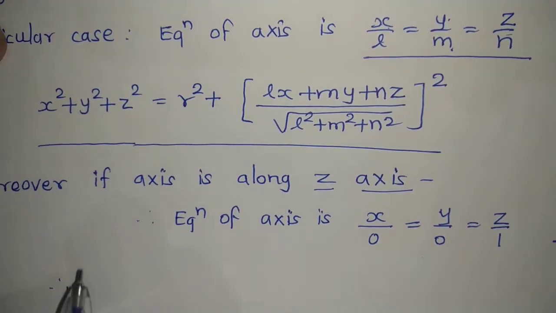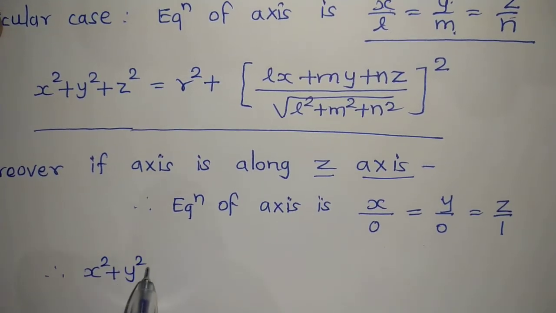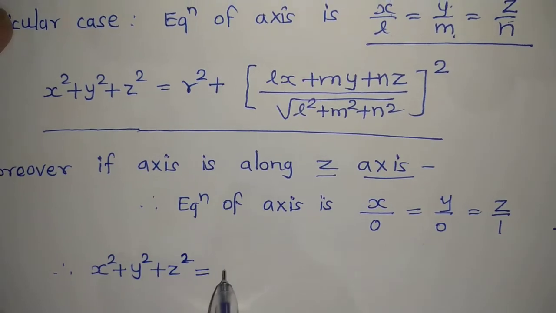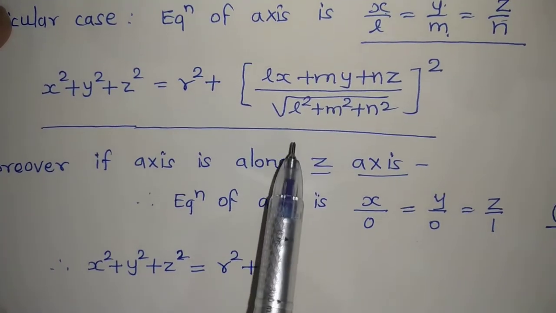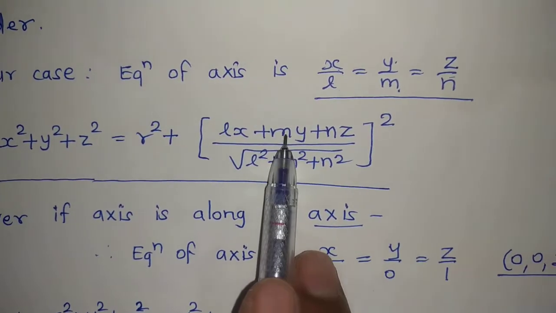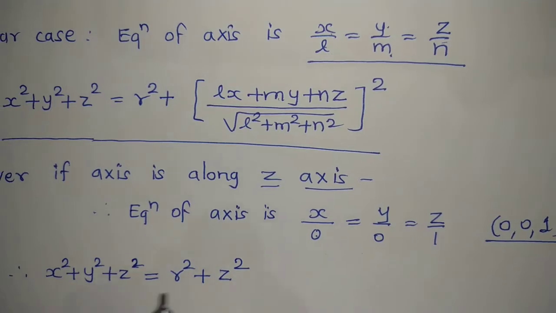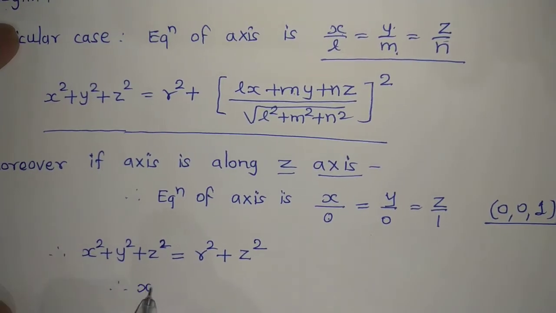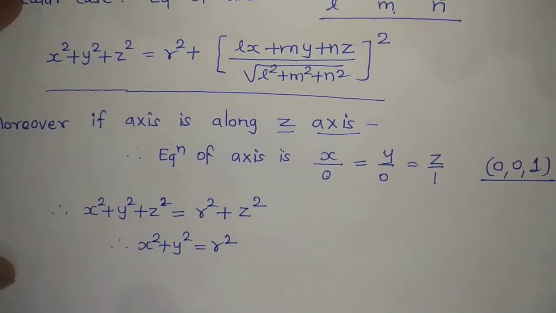Therefore, under this situation, the equation of the right circular cylinder becomes x square plus y square plus z square is equal to r square plus, now L is 0, M is 0, N is 1, so it is simply z square and the denominator is 1. Simplifying this, it is x square plus y square is equal to r square.